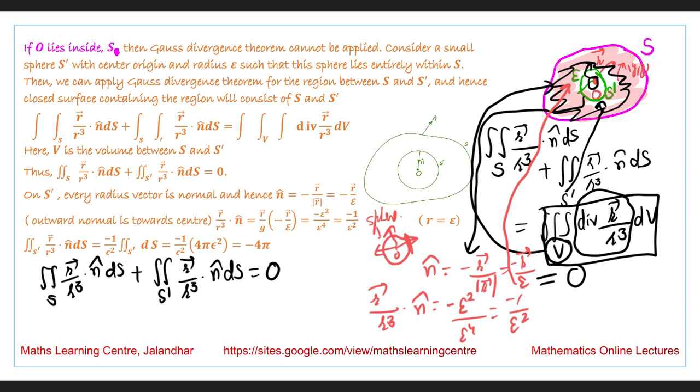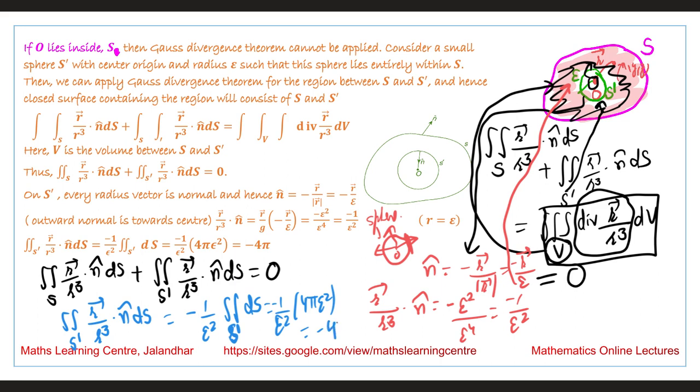Now we come back to this integral. The double integral over S dash of r vector over r cube dot n cap ds is equal to minus 1 by epsilon square times the double integral of ds over the surface S dash. So this is equal to minus 1 by epsilon square times 4 pi epsilon square. We get the final answer as minus 4 pi.